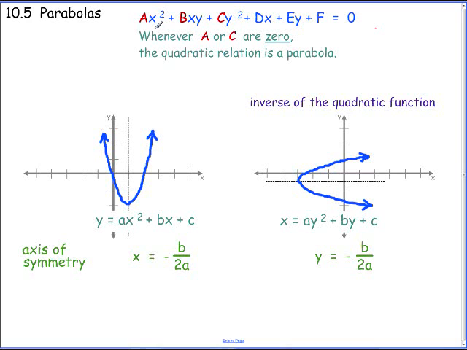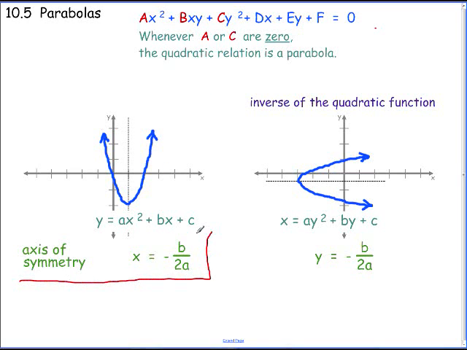We've been dealing with circles where you had 2 squared variables, ellipses with 2 squared variables, hyperbolas with 2 squared variables, and now for parabola, one of these is 0. This, of course, is where we started studying quadratics, with only one squared variable.